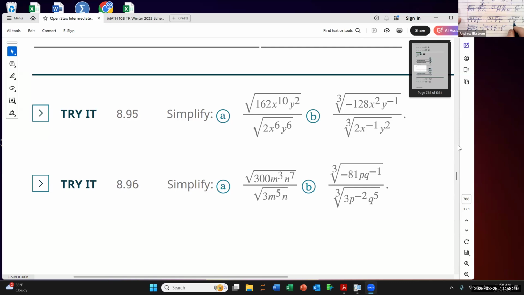So the cubed root of negative 128 divided by 2 is negative 64. X squared times x is going to be x cubed. Y times y squared is going to be y cubed. Cubed root of negative 64 is negative 4. Cubed root of x cubed is x. Cubed root of y cubed is going to be y. And there we go.